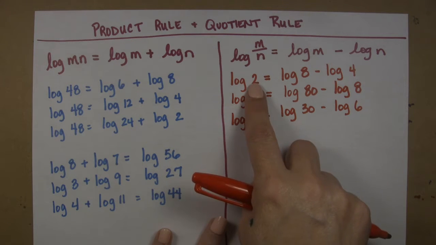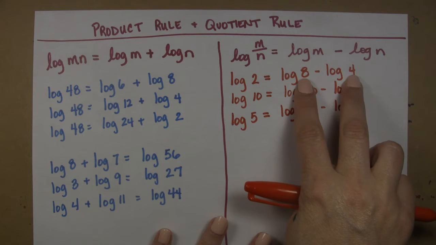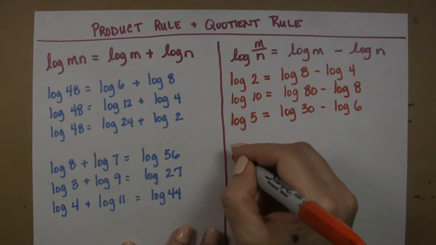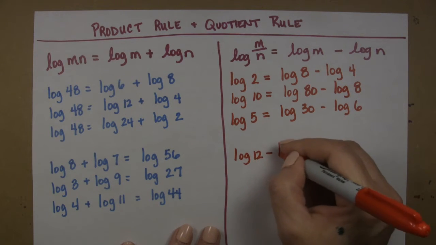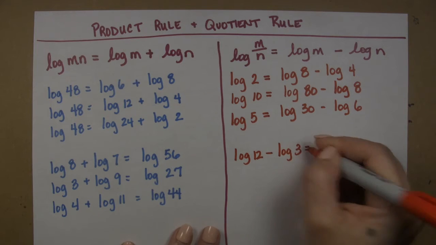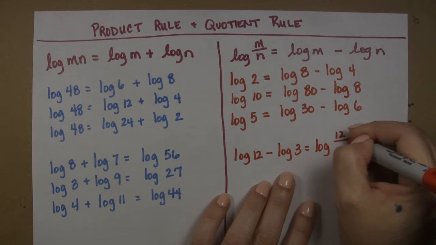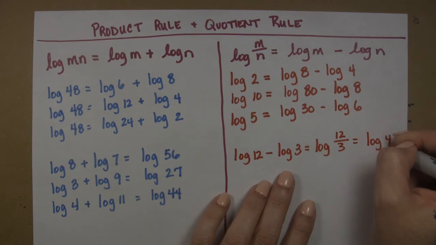This number here is going to equal this divided by this, but we stick a minus sign in there. Let's do it the other way. Maybe it'll make more sense to you the other way. Log of 12 minus the log of 3. That is the same thing as the log of 12 divided by 3, which is the same thing as the log of 4.